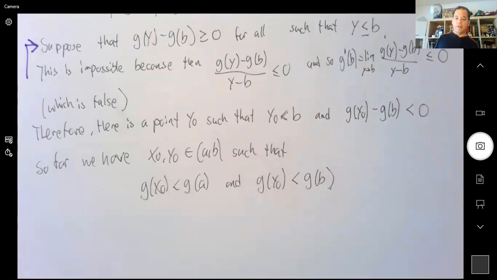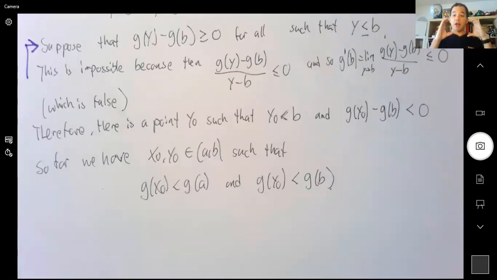Well, here's the point. Our function g must achieve a minimum and a maximum, right? Because we have a closed interval. Remember that? By the extreme value theorem, we know that continuous functions send compact sets into compact sets.